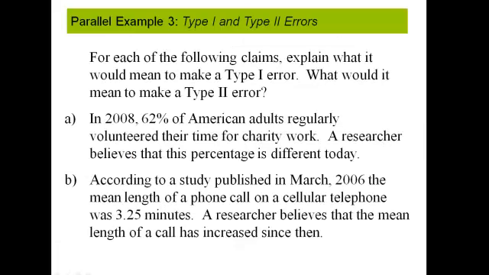Now let's go back to our examples and think about what it would mean to make a type 1 or 2 error. In our first example, the null hypothesis was that P, the true proportion of adults who volunteer for charity work, is 0.62. And we had a two-sided alternative. That is, the alternative was that P was not equal to 0.62.